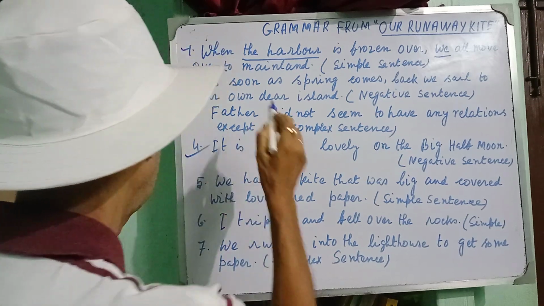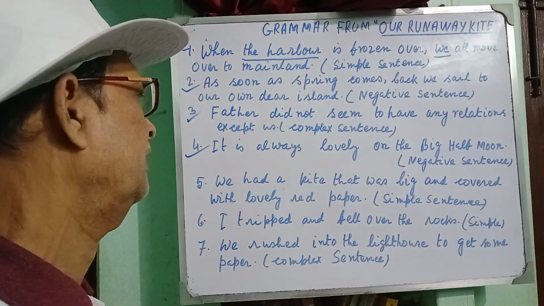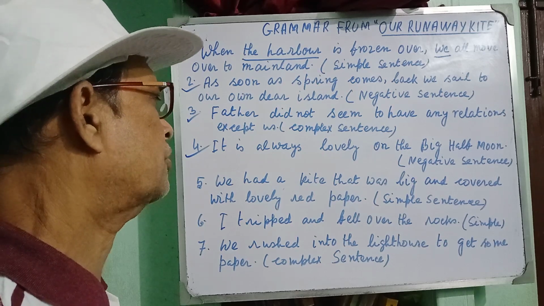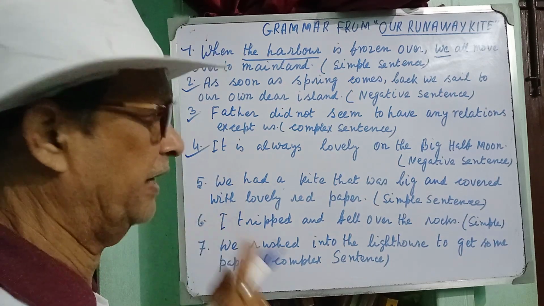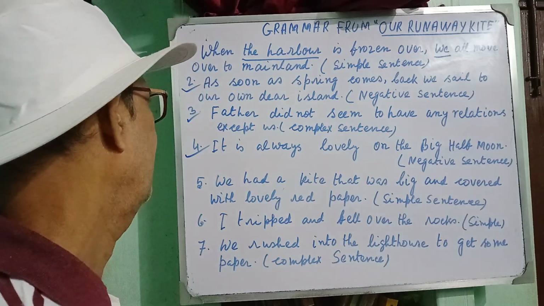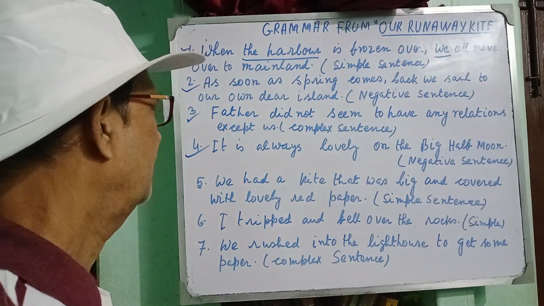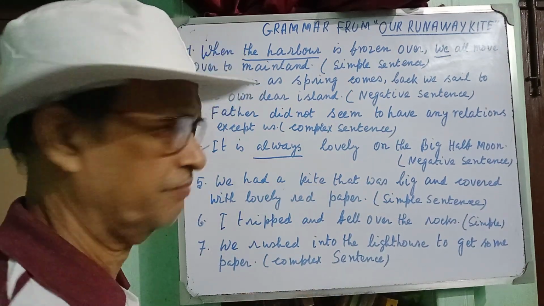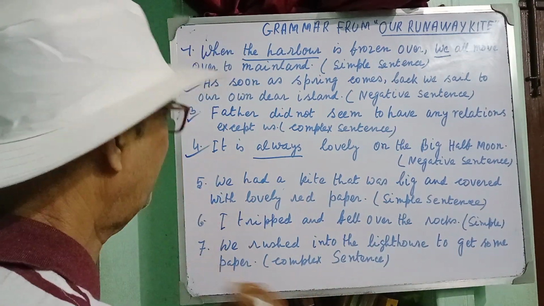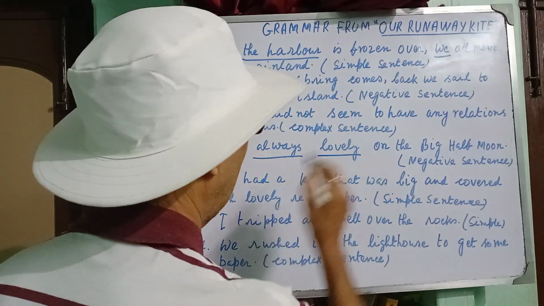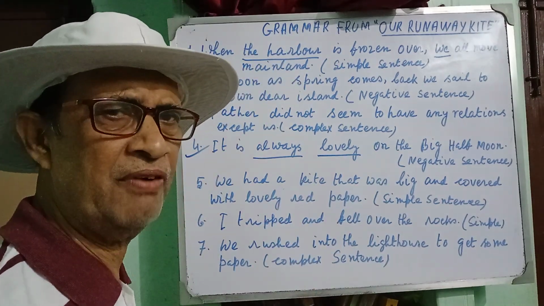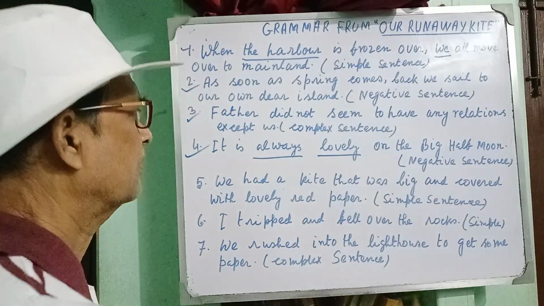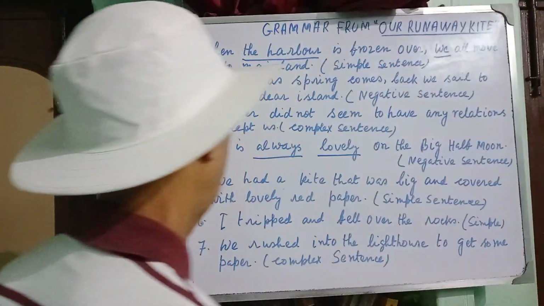Now my fourth item is, it is always so lovely on the big half moon, and you have been asked to turn into a negative sentence. So the opposite word of always is never. So it is never ugly, or never dull, or never monotonous on the big half moon.